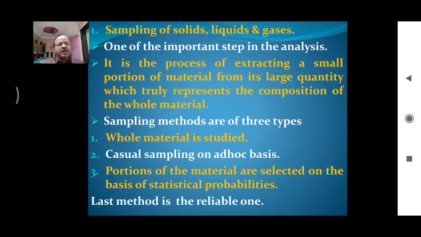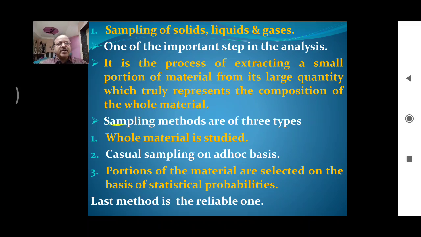If we pick up the sample from one portion of the material, and in another portion the composition is found to be different, then we will get different results. So this collection of sample from every portion of the material is essential. So that is called a true sampling.